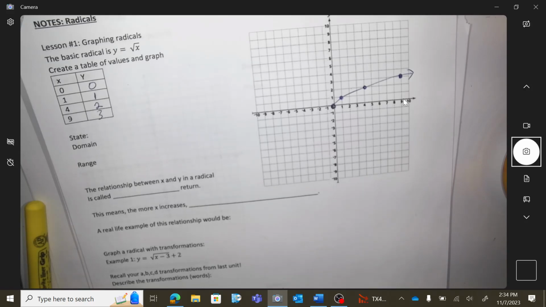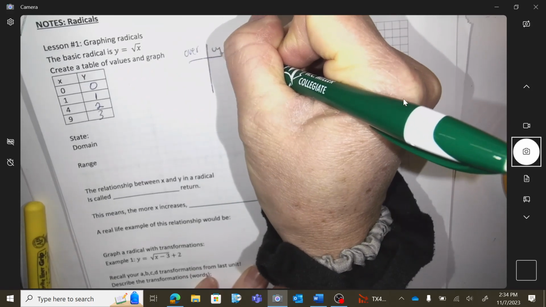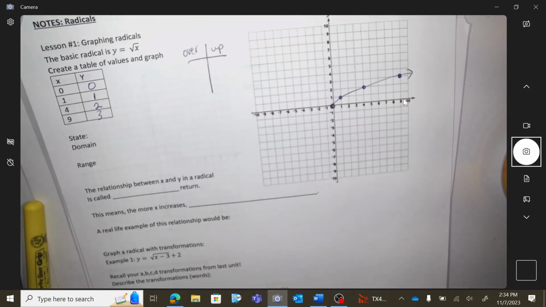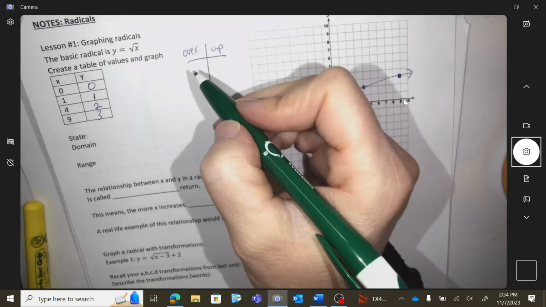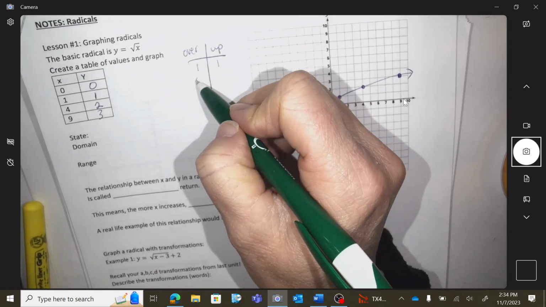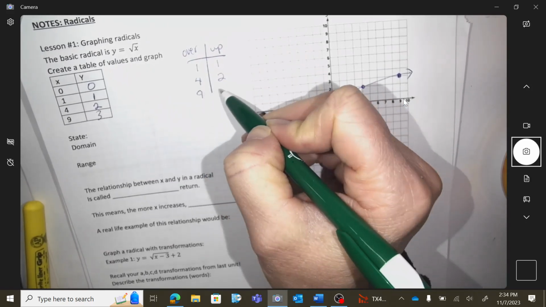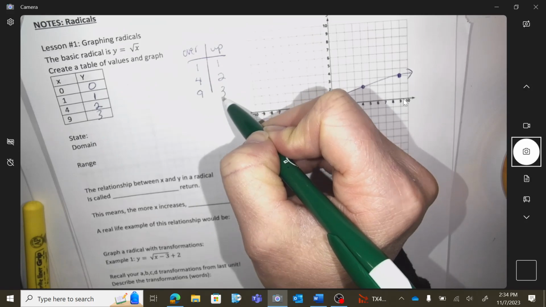Okay, so when we graphed parabolas in grade 11, we talked about over and up. So this, if I go over 1, I should go up 1. If I go over 4, I should go up 2. And if I go over 9, I should go up 3.